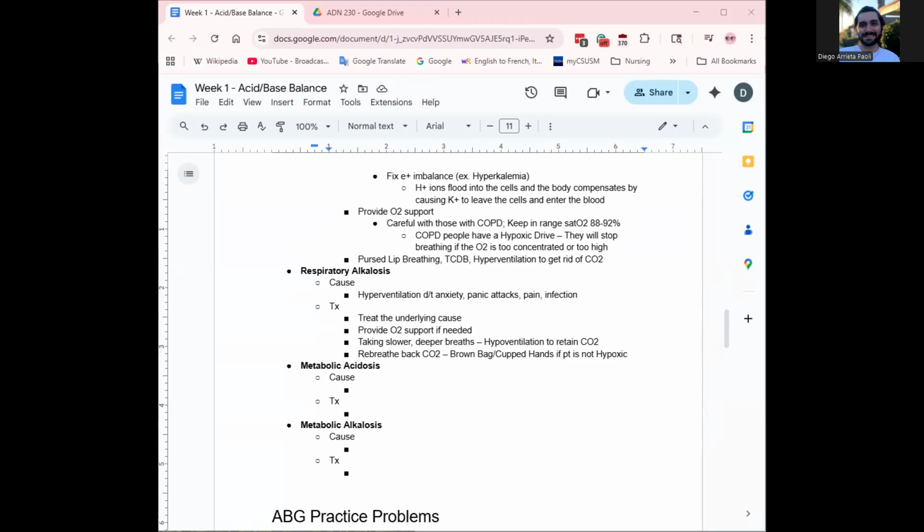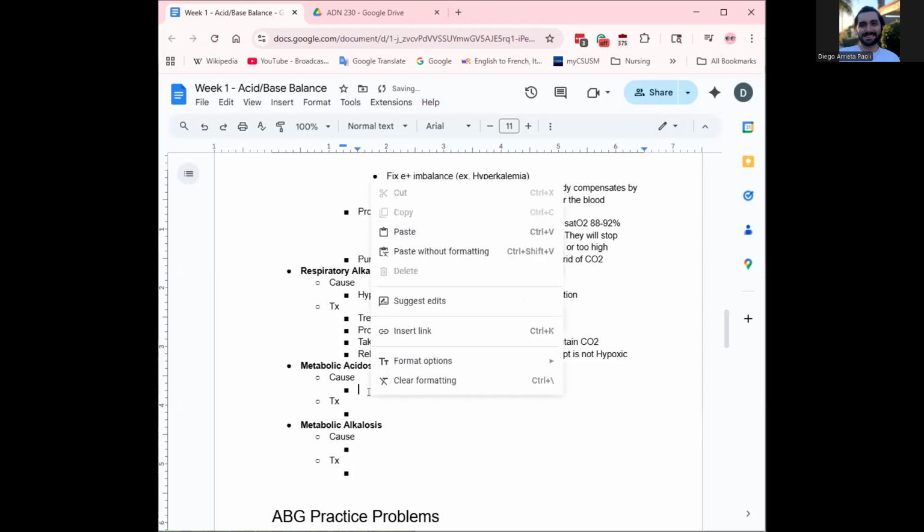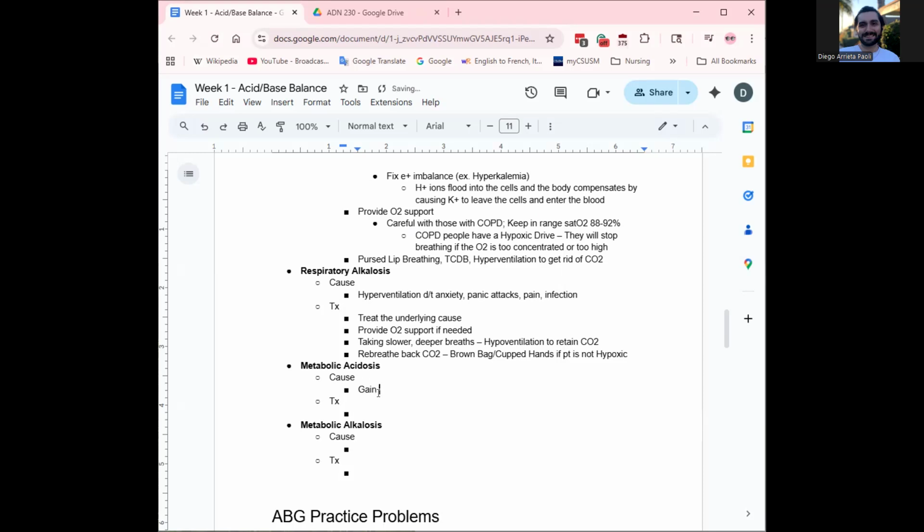Okay. Metabolic acidosis is probably one you guys are familiar with just due to DKA. So that's going to be one of the ones you'll probably see a lot. Can you guys think of other possible causes? Aspirin overdose, definitely. So some toxicity here. So we'll include DKA, we'll include toxicity.